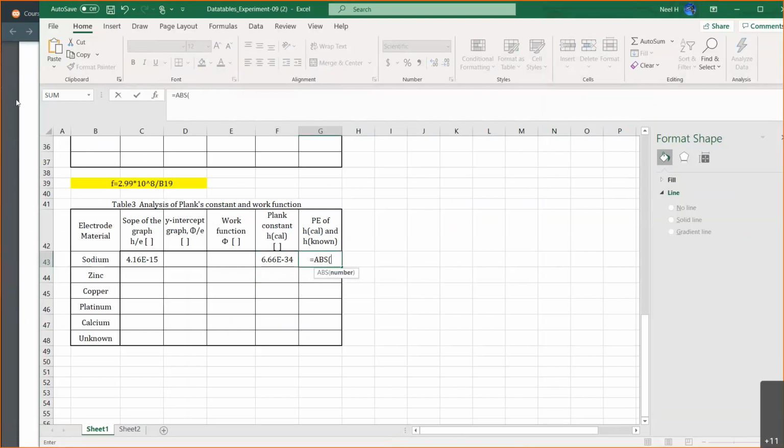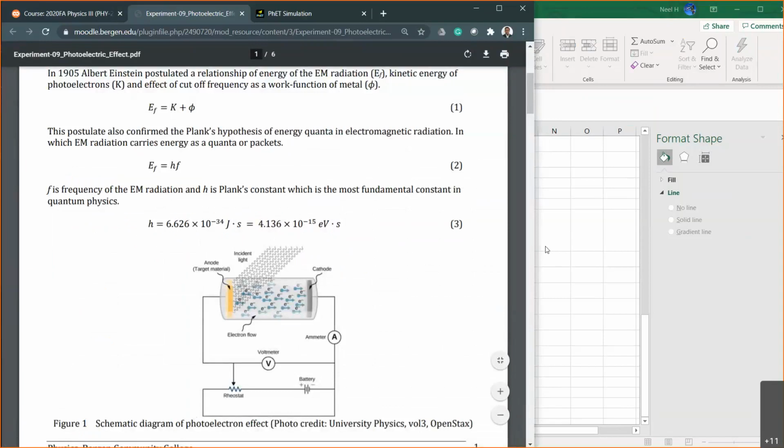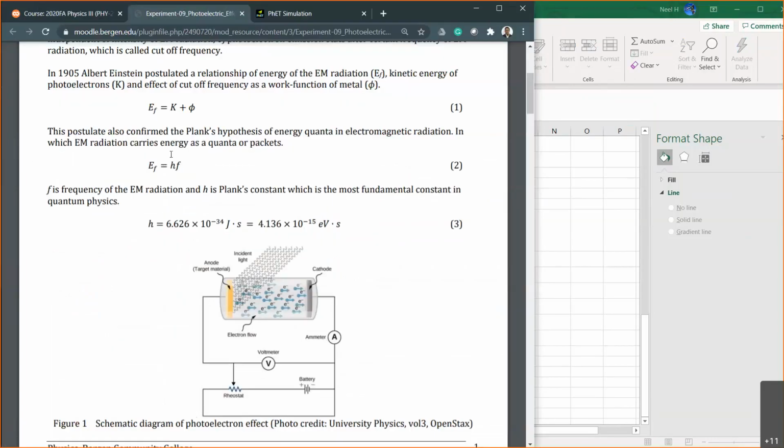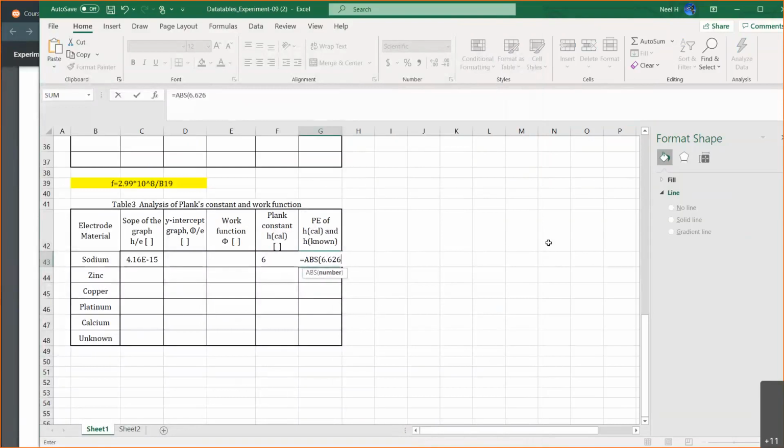So I can compare that with this number itself, 6.626, that's the expected value, multiplied by 10 to the power negative 34, minus calculated value right here on this cell, that is F43, divided by parentheses 6.626 multiplied by 10 to the power minus 34, close brackets, multiplied by 100.